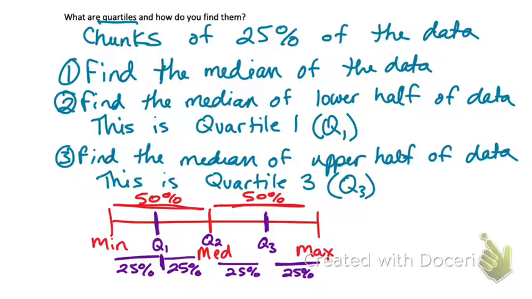So, is quartile 1 like the entirety of the 25% from the minimum? Yes. So quartile 1 is this whole section here, but we use Q1 as a number. So we're going to say Q1 is like 15 or whatever, and let's say the minimum is 10. We'll say Q1 is 15, meaning 15 cuts off the lowest 25%.